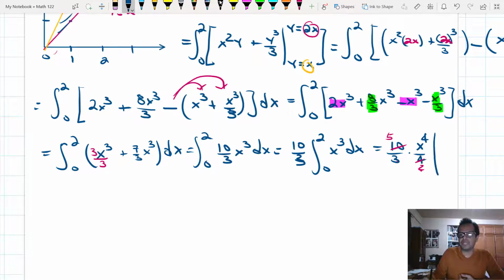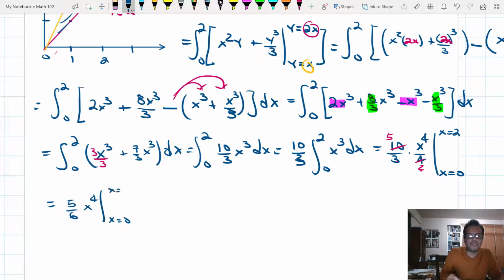However, let's write down the limits of integration. In this case, x goes from 0 to 2. All right. Now we're going to have 5 over 6 x to the 4th evaluated from x equals 0 to x equals 2.